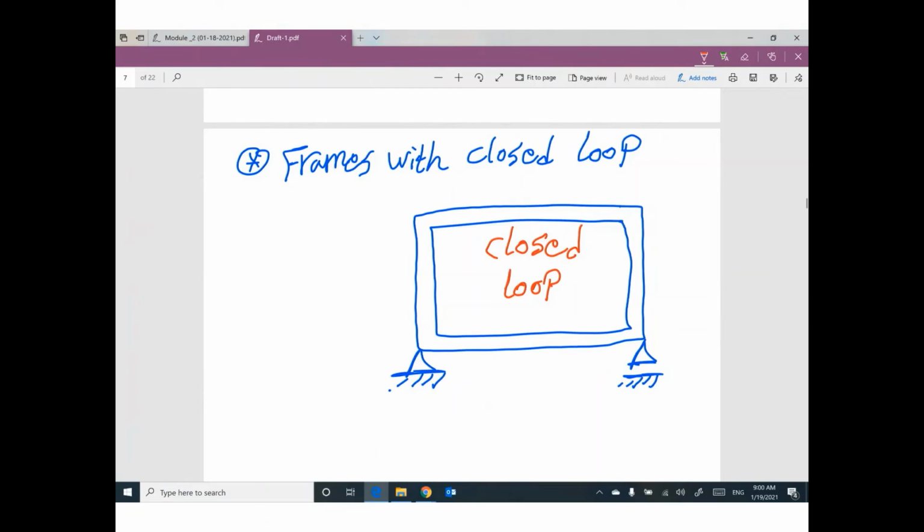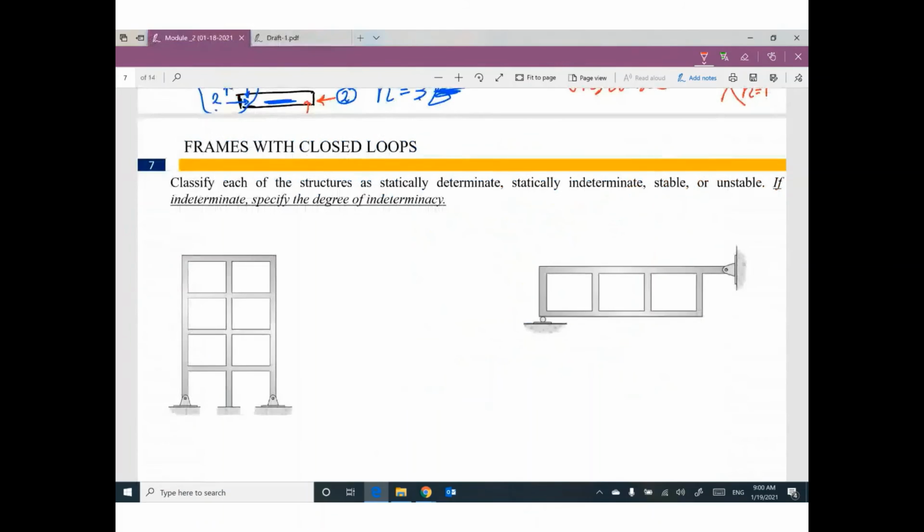All members are connected together without hinge connection. This connection is not a hinge or pin connection. So these members together can make a closed loop like this one or this one. How many closed loops do you have here? 1, 2, 3, 4, 5, 6.